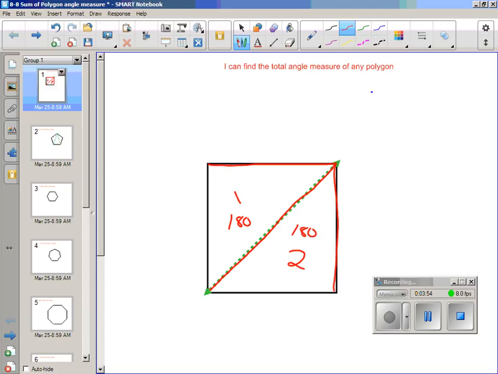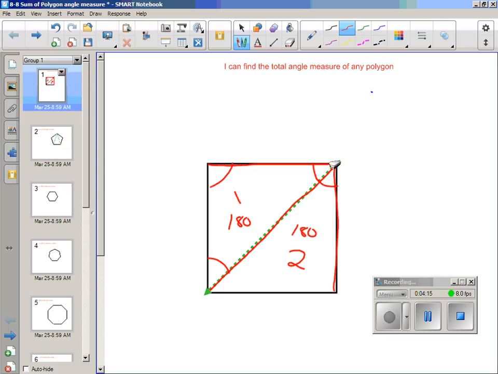That is what we're going to use to determine how many triangles we can draw inside these figures. And that will tell us, because this angle measure right here plus this one here and this one here equals 180.